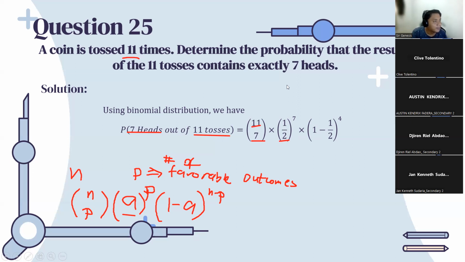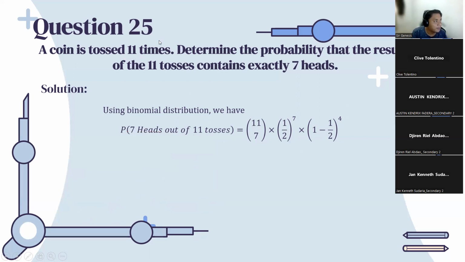Okay. So simplifying that, 11 choose 7 is 330. Since both of these expressions have the same base, because 1 minus 1/2 is still 1/2, you can just add their exponents, so 1/2 raised to 11 by the laws of exponents.